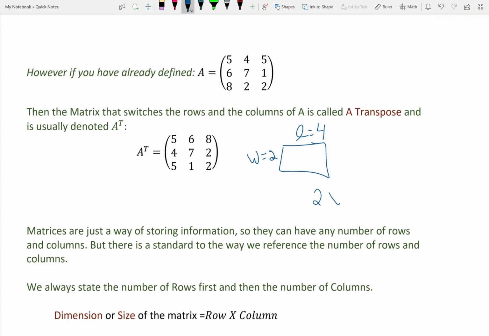We could just call it a 2 by 4. It's the same thing for a matrix. If we're talking about the dimension or size of the matrix, it's the number of rows, so here it would be 3, by the number of columns, which is 3. So this would be a 3 by 3 matrix.